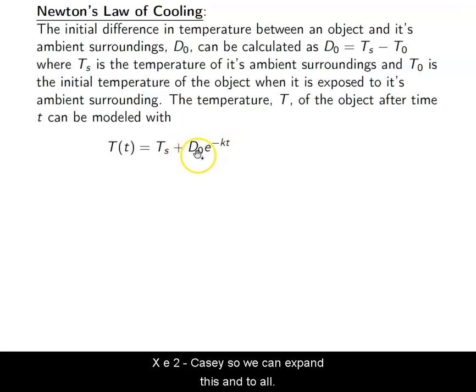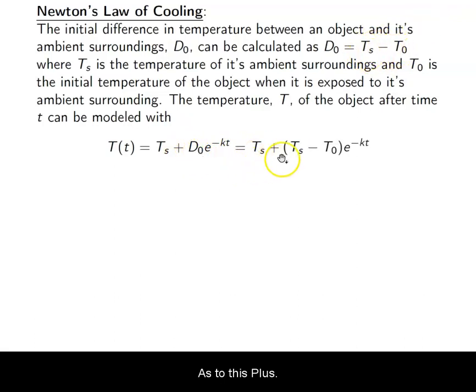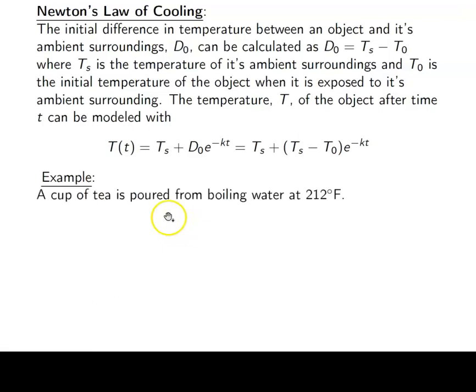So we can expand this into all T terms as Ts plus (Ts minus T naught) times e to the negative kt. Okay, so again, time is plugged in here in the exponent position. K is our cooling constant, basically, the rate at which our stuff is going to cool.